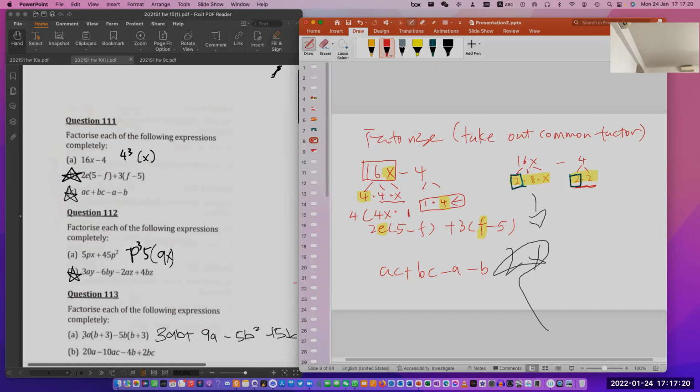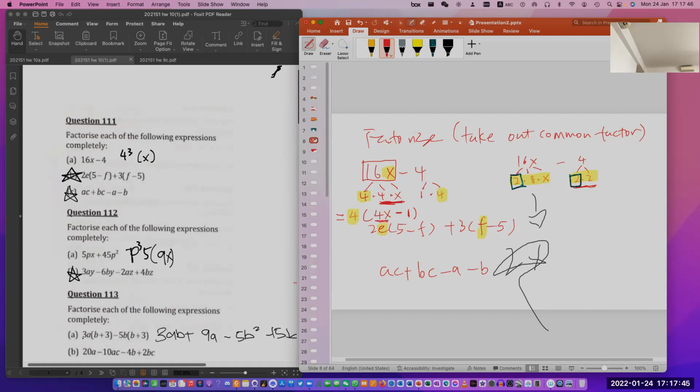The minus sign is in between, so I will get this. Let me put it above 1 times 4. So 4 is common. I have taken out the common factor 4. If I take out 4 from this combination, I have x left.